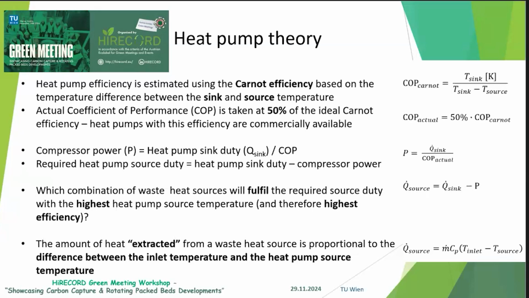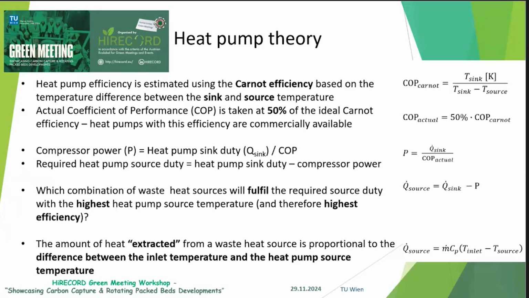Then again, we can find the amount of source heat that we need. Finally, we can determine at what temperature level we should extract this heat from the capture process to be able to achieve this Q source I mentioned here.